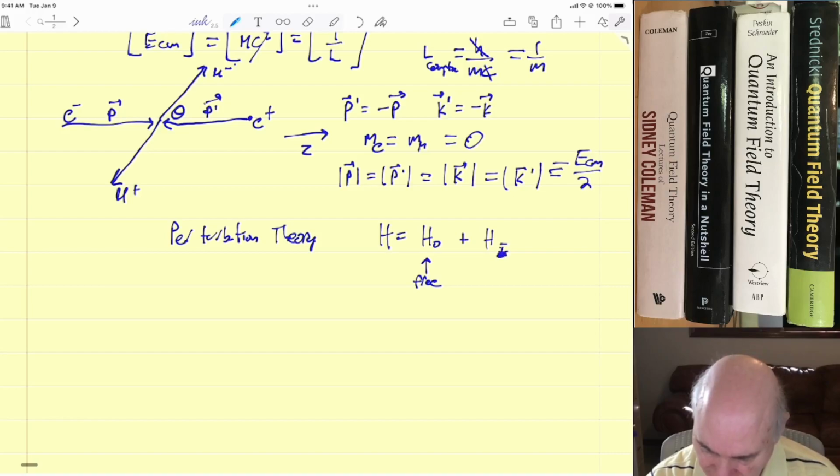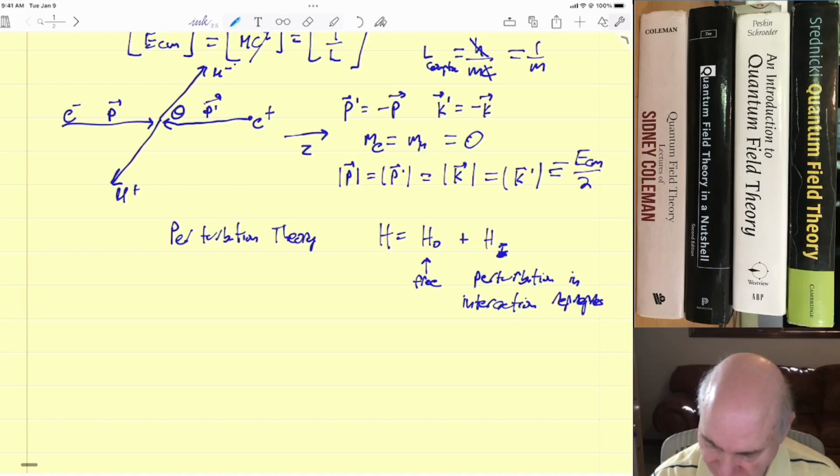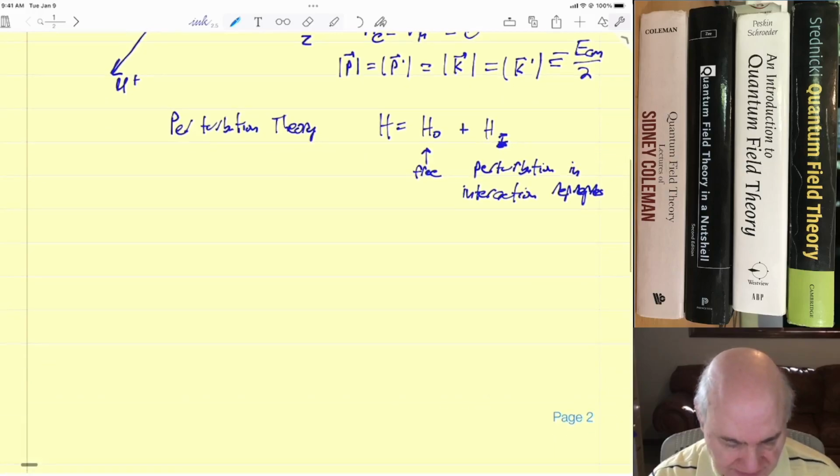And this is going to be the perturbation in the interaction representation, which we'll talk about later if you haven't seen it in your beginning quantum mechanics class. And he draws a Feynman diagram.